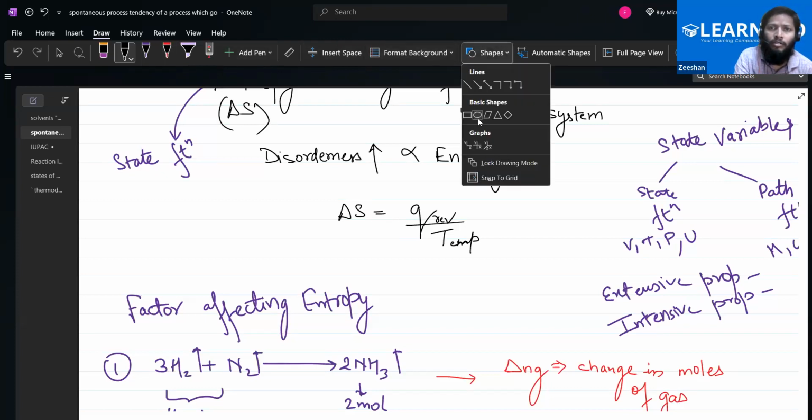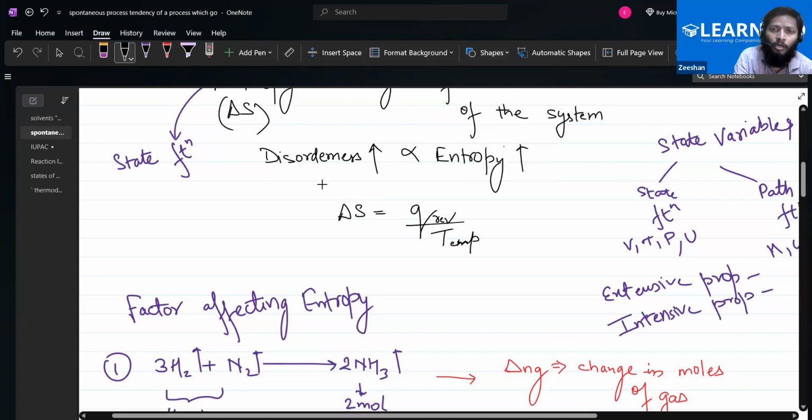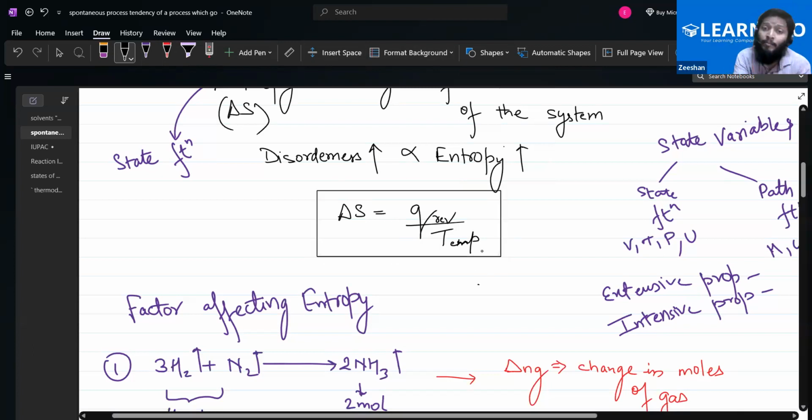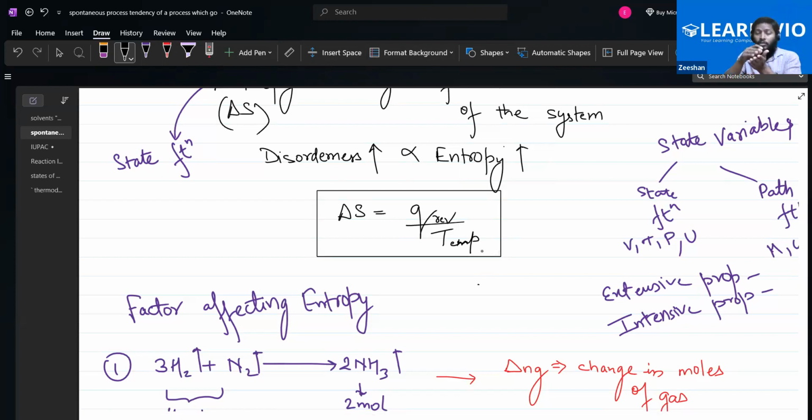Enthalpy change is a heat change only, so there should be no doubt. So the enthalpy change is given, and the temperature where the water is turning into steam is also given. So you have both data. The examiner wants you to find delta S, the change in entropy. So directly you have to use this formula only. Have you understood this? This is a very simple thing.